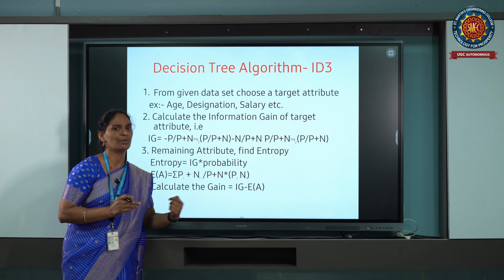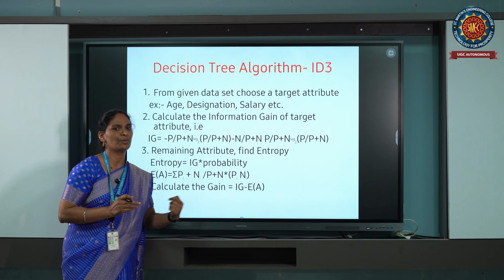So here we have given a data set. We can see the decision tree example problem with this data set. Here we have taken the age of an employee, the competition for an employee, the type of an employee, and the profit for an employee.